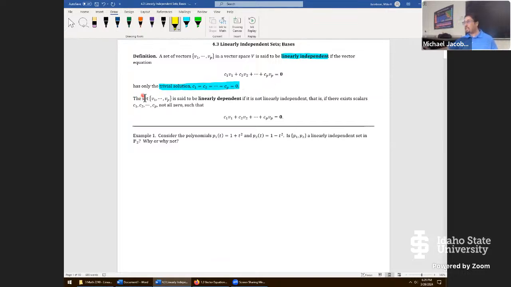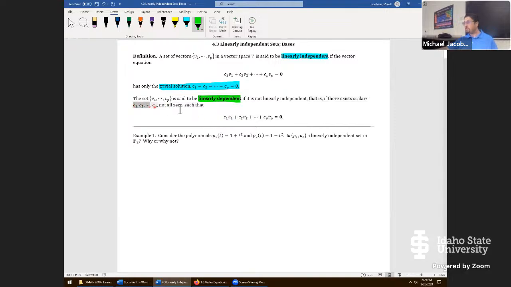And we'll say the set V1 through Vp is linearly dependent if it's not linearly independent. That's a great definition. It's logically sound, but it doesn't give you a lot to work with. So this is what we mean by not linearly independent. There exist scalars C1 through Cp, not all 0, such that that equation still holds.